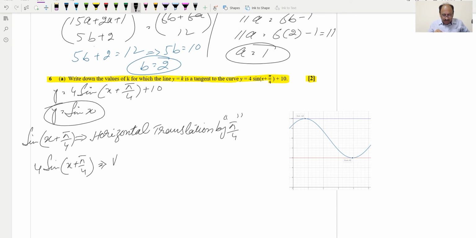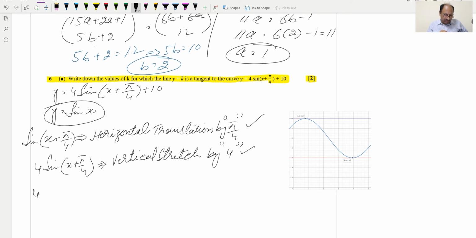This will be vertical stretch by factor 4, which is this one. So now we will be applying these two transformations, and then adding 10 will be vertical translation by 10 units.